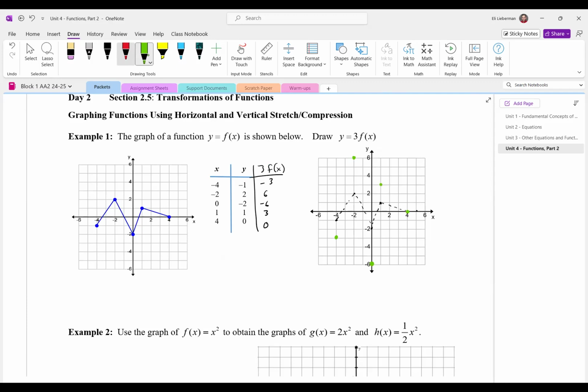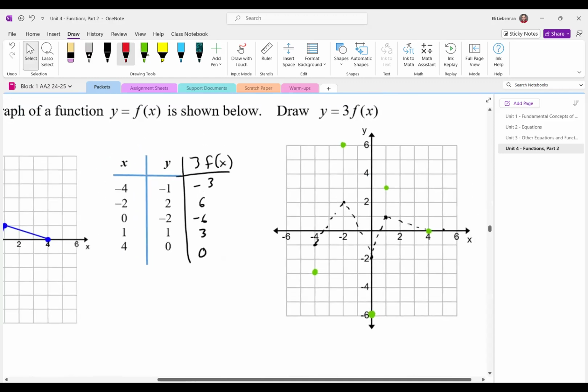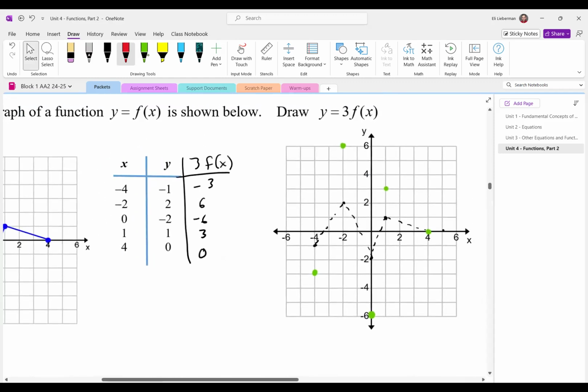And 4, 0. See what this is going to look like? Yeah, we see it. Well, it's hard to do these lines.